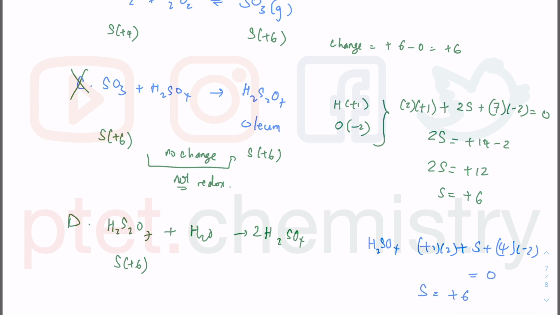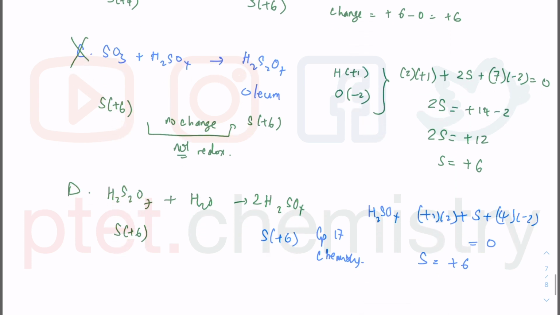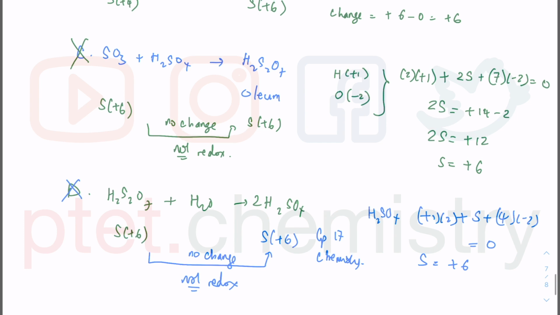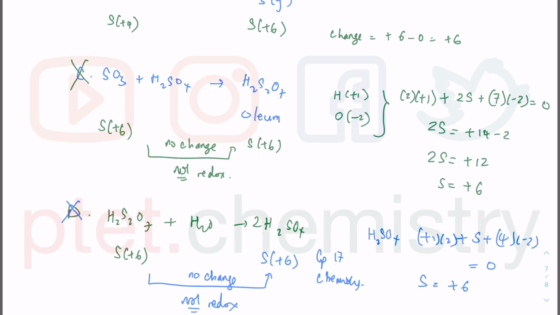Sulfur you work out as +6, something you would have known as part of group 17 chemistry when we use concentrated sulfuric acid to react with chloride, bromide, and iodide. We work a lot with the oxidation state of sulfur in sulfuric acid as sulfur +6. So hopefully you should be able to get that without having to work it out because it's part of your case study already. So these 2 have no changes in oxidation number.